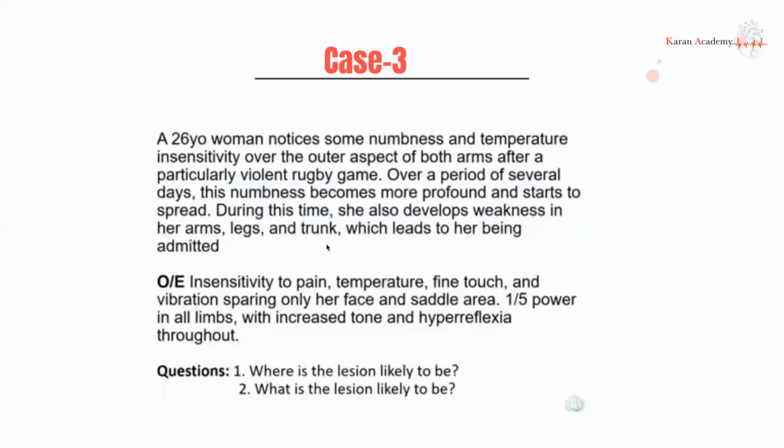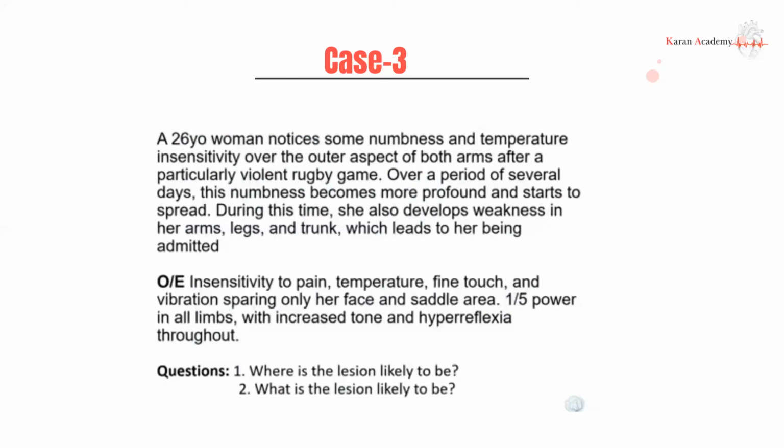Okay, next we have case 3. Case 3 is of a 26-year-old woman who notices some numbness and temperature insensitivity of the right aspect of both shoulders after a particularly violent rugby game. I hope you haven't watched the lecture on congenital spinal cord defect because you might have heard what I'm talking about, but let's keep going.